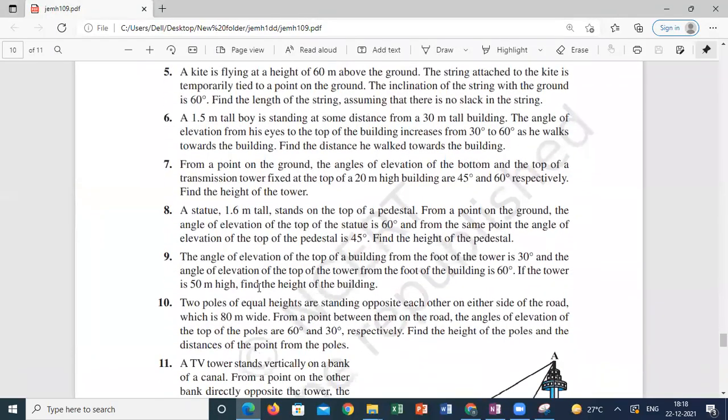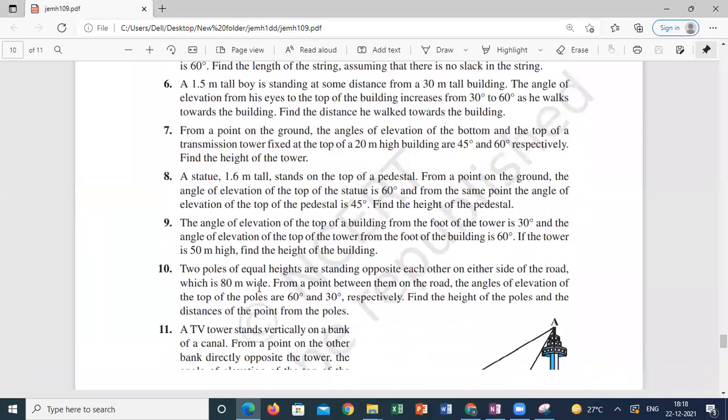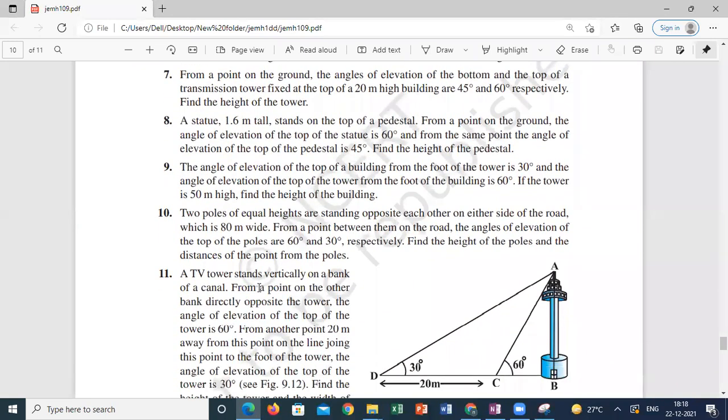Next question. Seventh is completed. So 8th question.